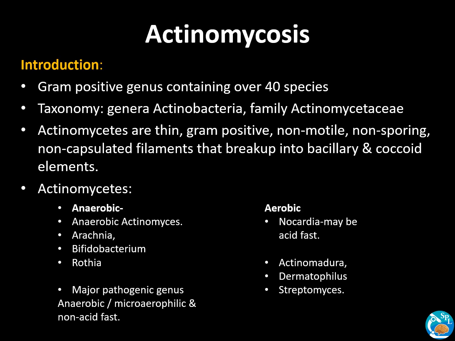Actinomyces is a gram-positive genus containing over 40 species. Actinomycetes are thin, gram-positive, non-motile, non-sporing, non-capsulated filaments that break up into bacillary and coccoid elements. And this lies somewhere between the bacteria and the fungus.